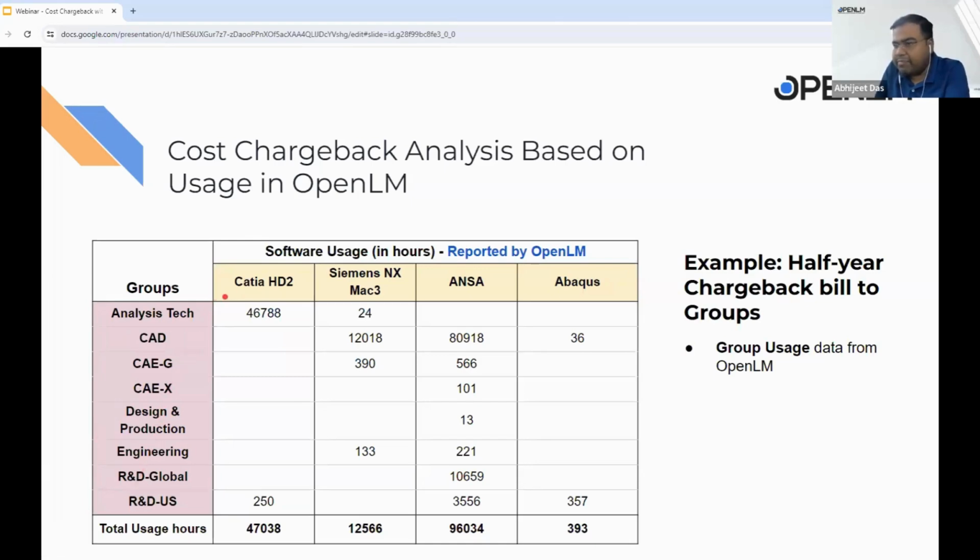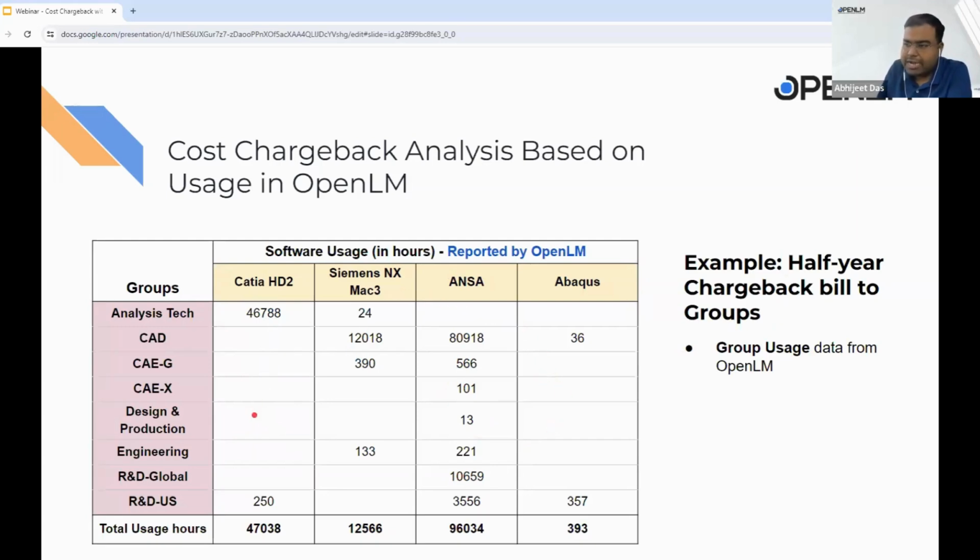For example, let's consider only these four applications: CATIA HD2 from Dassault, then Siemens NX, Mac 3 licenses, 1 series licenses, then ANSA and Abacus. Suppose these departments require these application licenses at some point in, let's say, half a year. So we are tracking this usage for half a year.